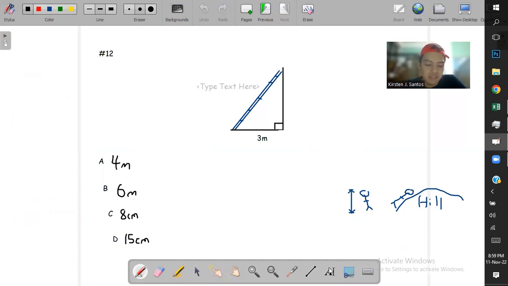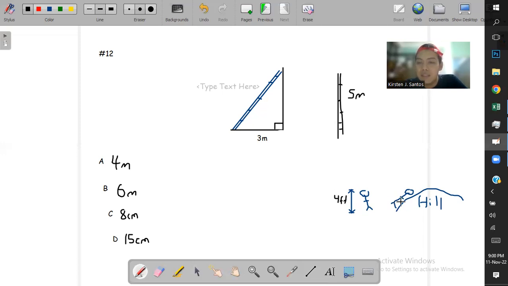So the question says, the diagram below shows a ladder of 5 meters long. So they're telling you that if the ladder stands up straight, that is 5 meters. Okay, that's the ladder. And let's say one of these students is 4 foot tall.